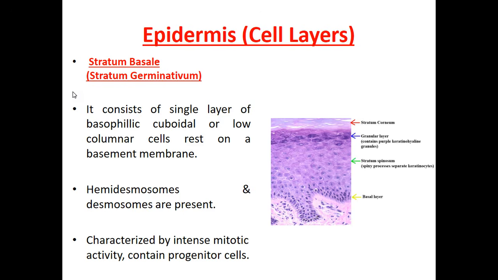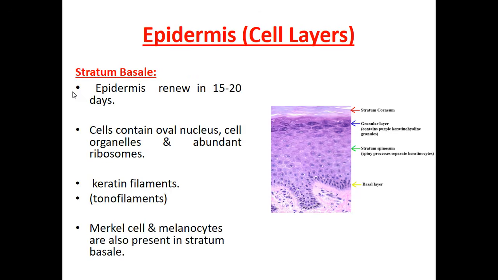It is characterized by intense mitotic activity and contains progenitor cells which proliferate and make new cells, replacing cells that are deficient or dead through the process of keratinization. The epidermis renews in 15 to 20 days. Cells contain an oval nucleus, cell organelles, and abundant ribosomes. Keratin filaments are present which behave like tonofilaments. Merkel cells and melanocytes are also present in the stratum basale.